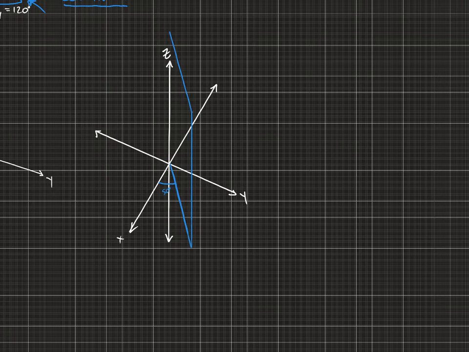I guess I'll have to extend Z up here so that we can see what's going on. But anyway, here's Z up here. Now up there it's hard to see the 50 degrees, but hopefully down here you can see that this is 50 degrees from that axis and 40 degrees from this axis. Okay, so there's the door.